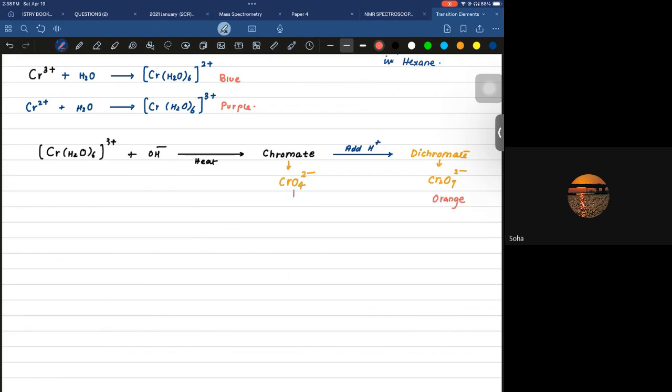And this is yellow. If you are removing H plus, that means you should add OH minus, and you will see that it would be coming back into the reactant.